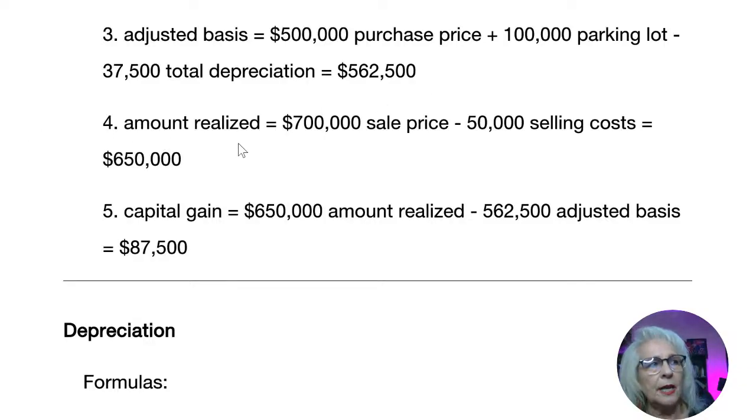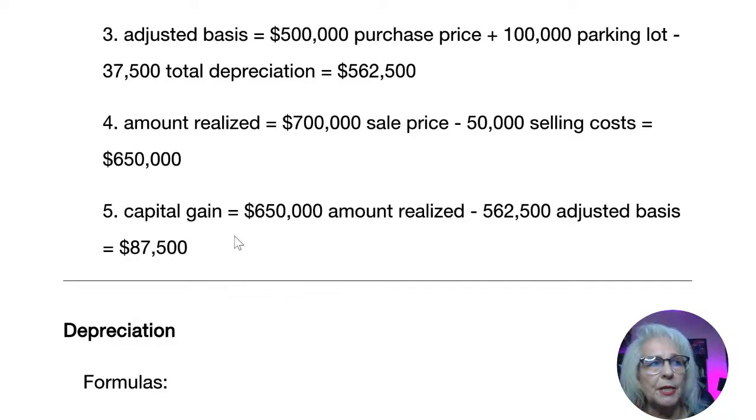So then what is the amount that they profited, that they realized? Well, 700,000 minus the cost of sale, 50,000 with a realtor or broker, equals 650,000. And now we have to deal with the capital gain. So 650,000 is the amount realized minus the 562,500 adjusted basis, right? Gives us a profit of 87,500.